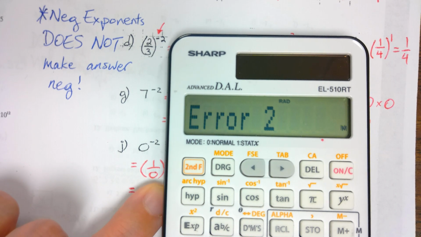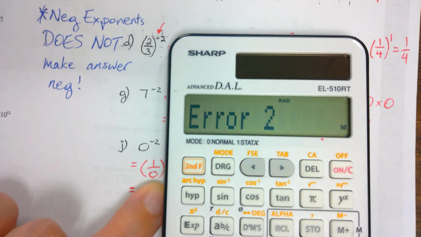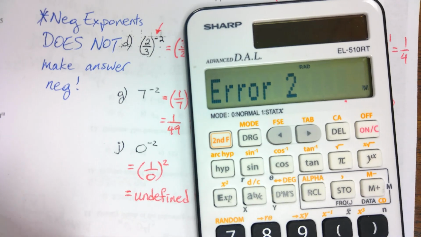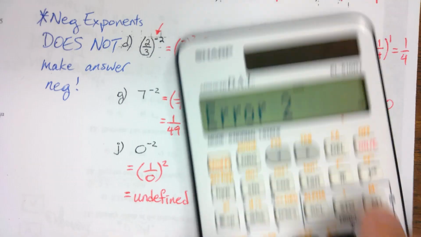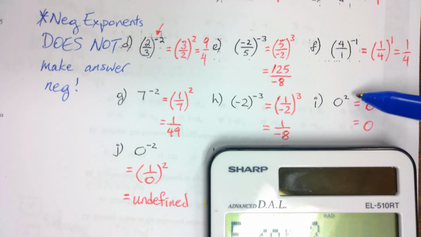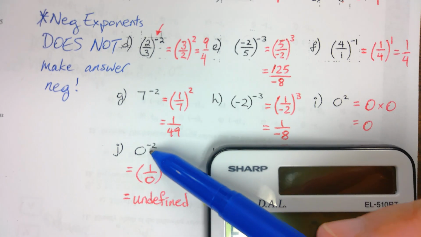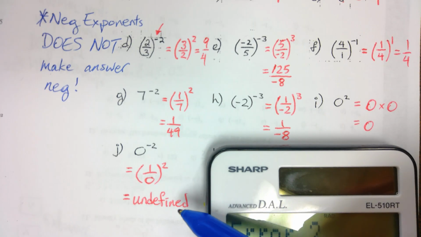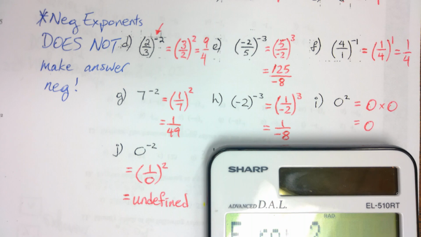What's the math word we use for error? It starts with U. Undefined. Right. So that's why I said it's tricky. 0 squared is 0. But 0 to the -2 or -5 or -1,000, it's undefined.